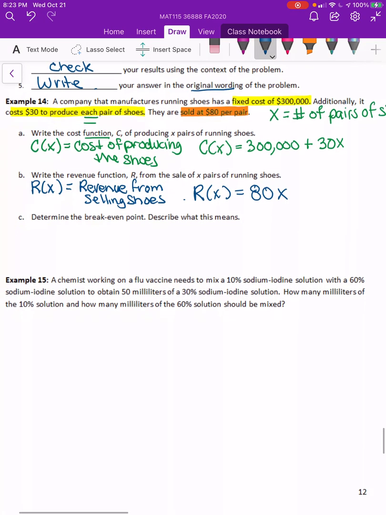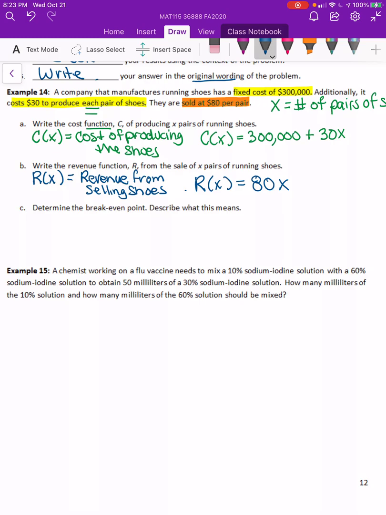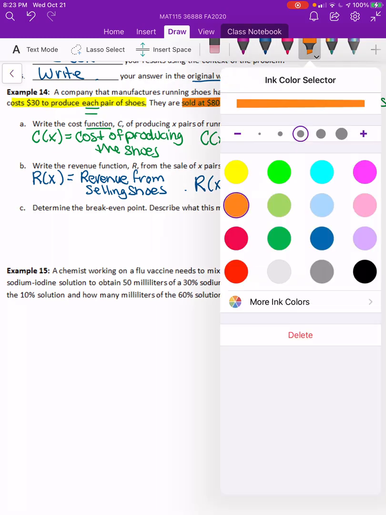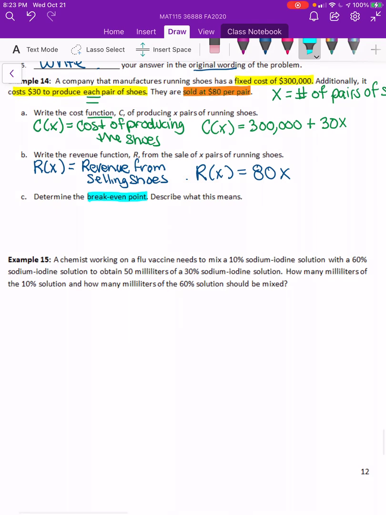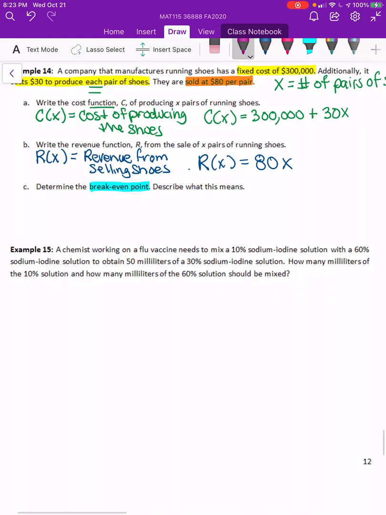Now, we want to determine the break-even point. The break-even point is technically where the cost and the revenue are the same value. So break-even point means that the cost is the same thing as the revenue. Let's write this in terms of x's and y's. If the cost and the revenue are exactly the same, they're both going to be, let's call it y.